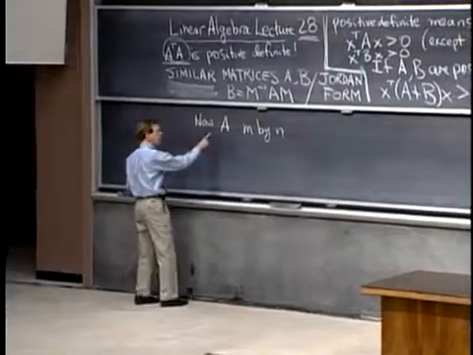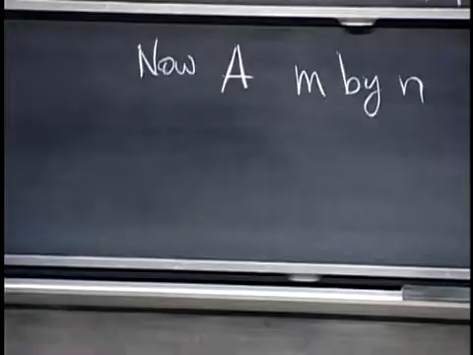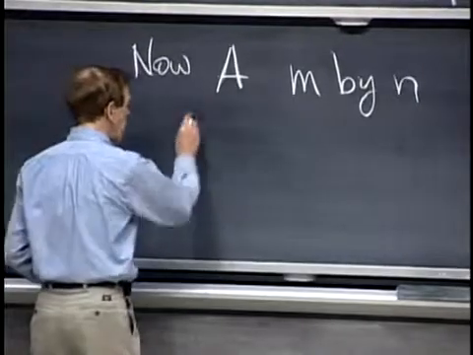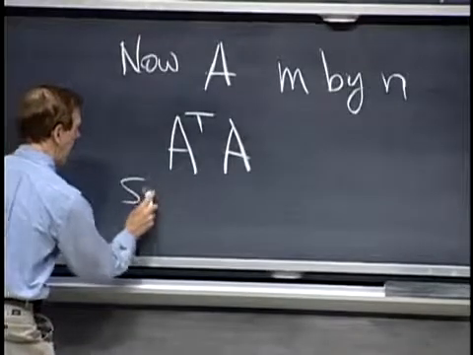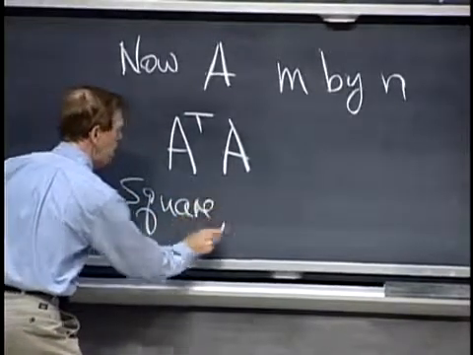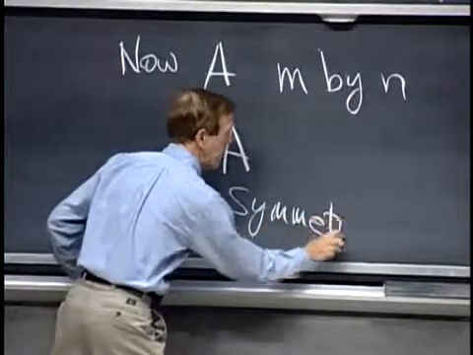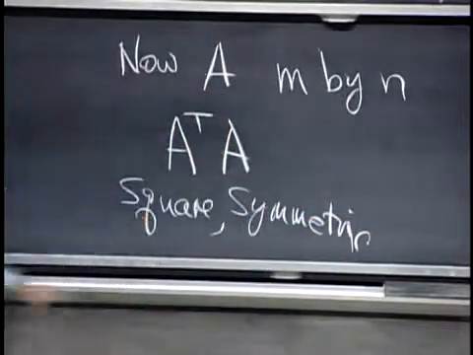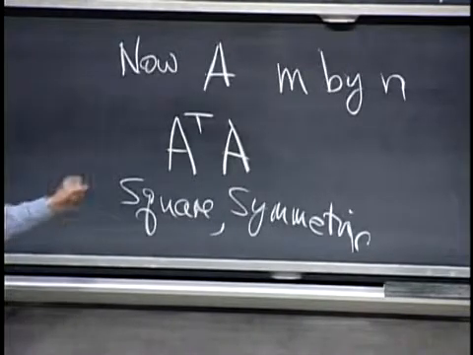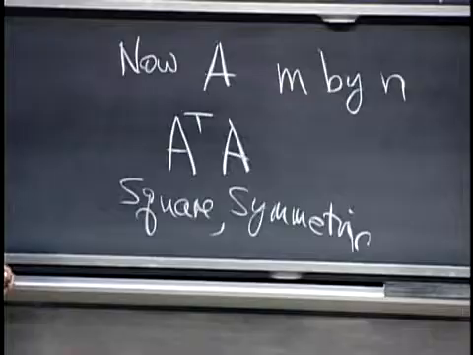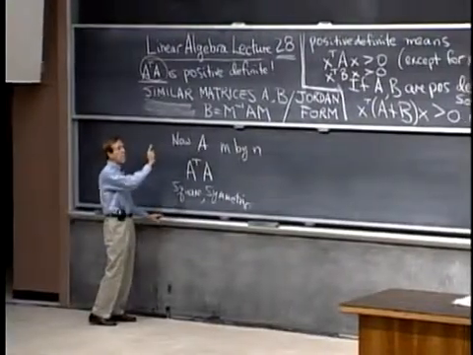But you remember that the key for these rectangular ones was A transpose A. That's square. That's symmetric. Those are things we knew. We knew back when we met this thing in the least squares stuff, in the projection stuff. But now we know something more.